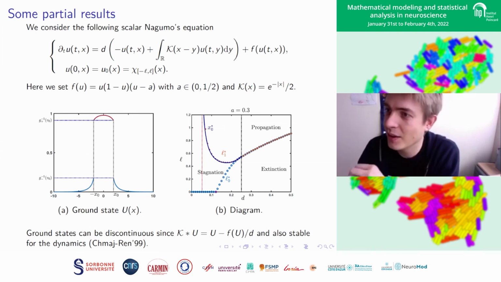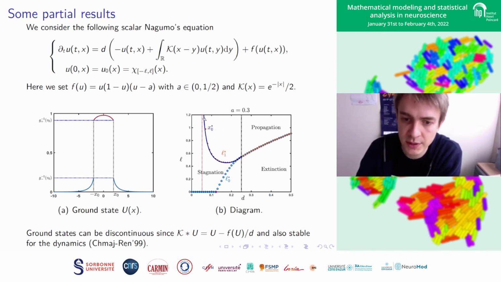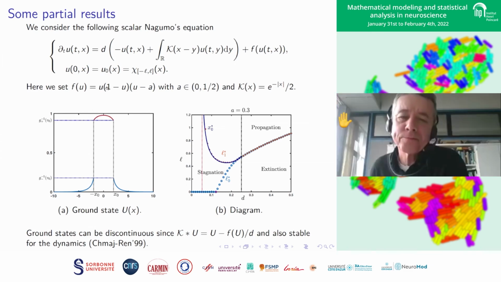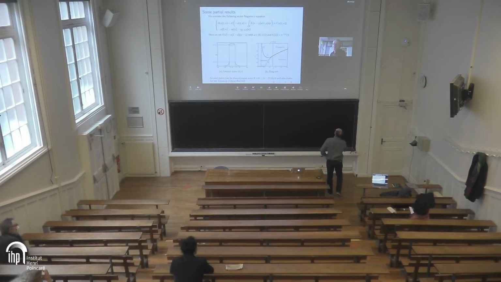You take the largest possible ground state, by largest I would need to define it, and you take its discontinuity point, and this is precisely that boundary. So we can get an analytical formula in that case because we use the exponential kernel. To get this full picture, I also relied a lot on the fact that I picked the cubic nonlinearity.